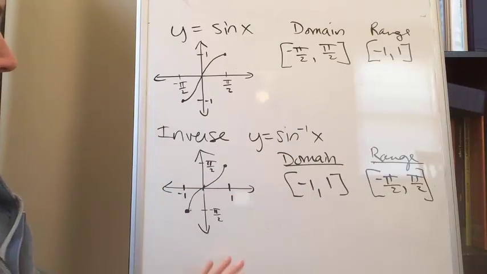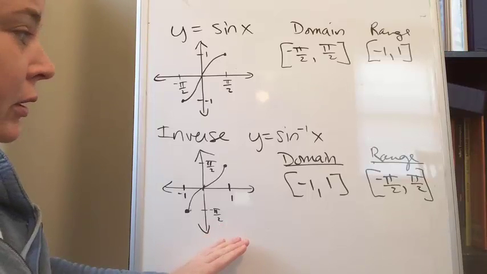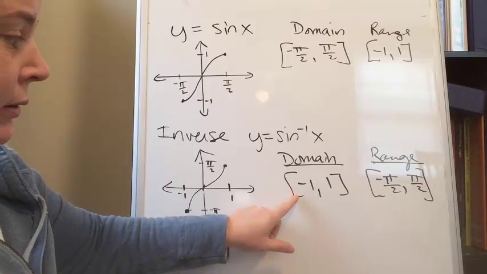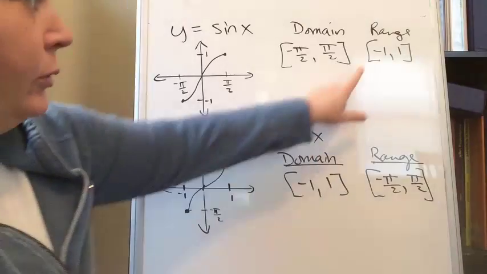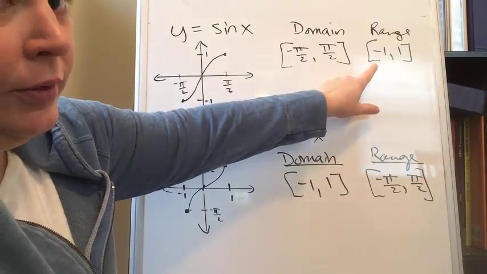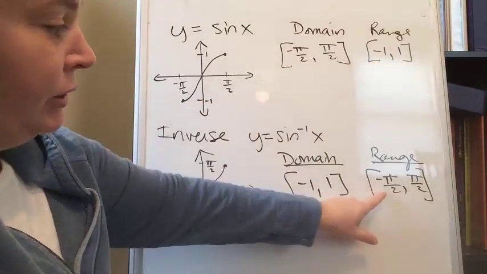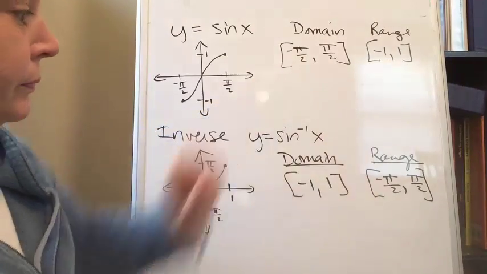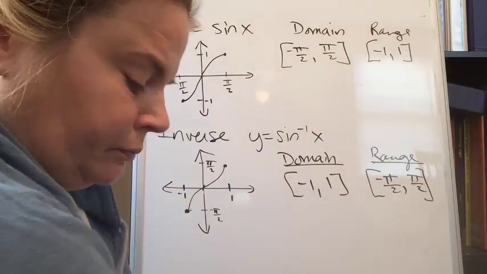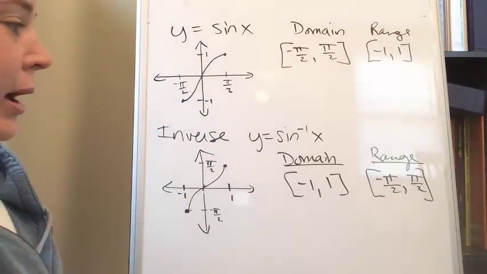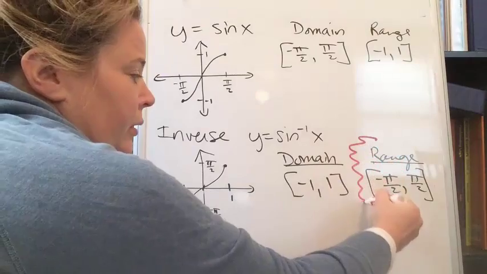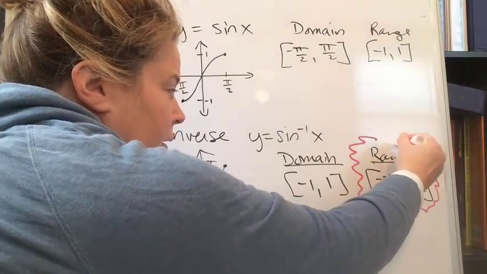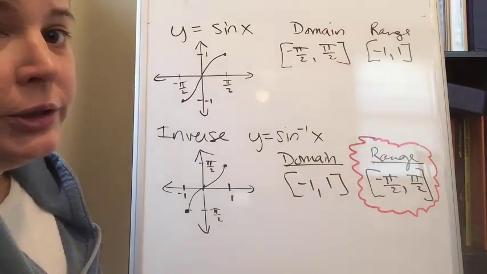What is the domain and range of the inverse function? Do you remember, the domain of the inverse function is equal to the range of the function, and the range of the inverse function is equal to the domain of the original function. The one piece for these problems that's going to be important to you is the range of the inverse function.